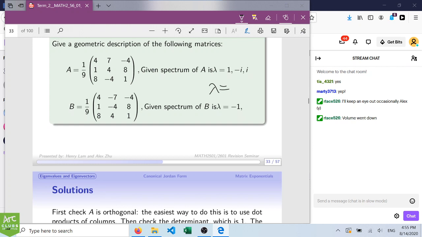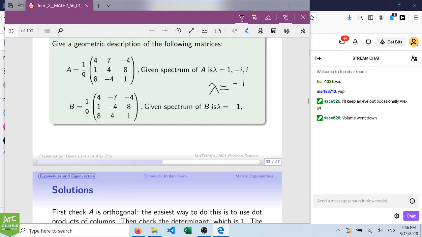And the eigenvalues are, I believe, something pretty complicated. It was actually a minus 1 plus minus 4 root 5.